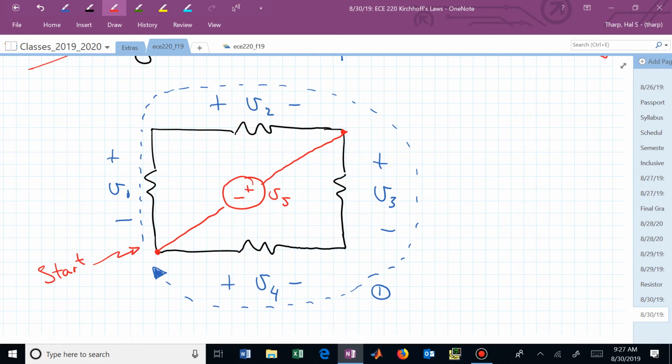And now what I want to do is write a KVL around path 2. Starting in the same corner, but now I'm going to sort of go immediately to go, or what's that in Monopoly?